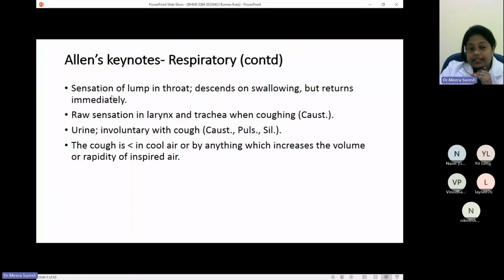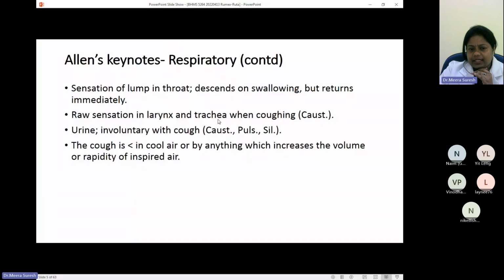Then another important symptom is there is a sensation of lump in the throat, and that descends on swallowing but returns immediately. It's not hysteria per se, but they do have a sensation that something is being stuck or a lump is present in the throat region.